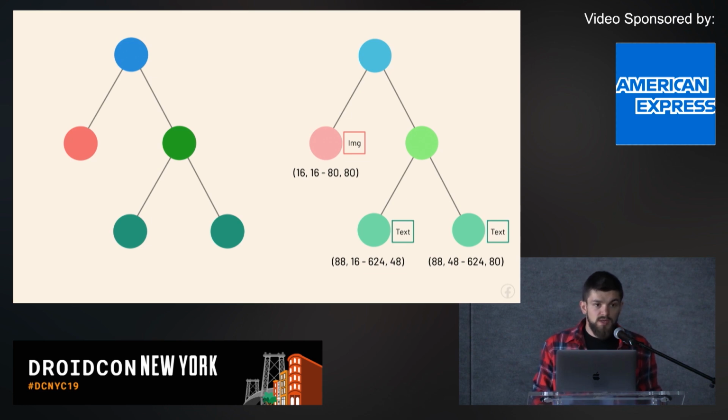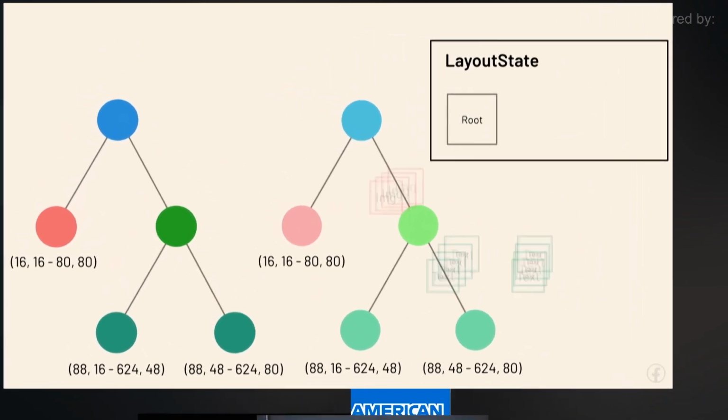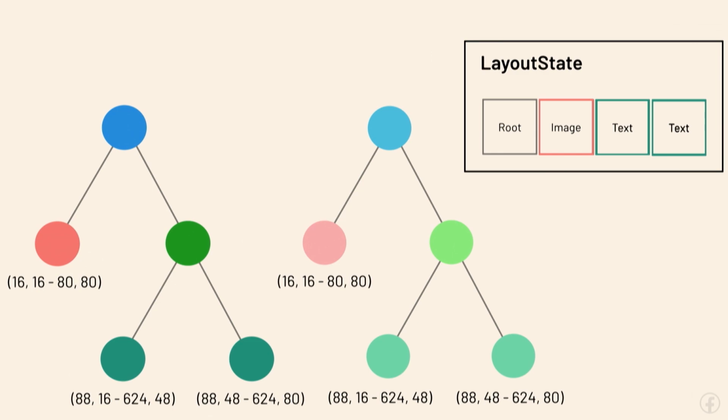And when we create a new internal tree for a new component, we just traverse both of these trees simultaneously and see if our props for mount specs didn't change. We just reuse these measurements and layout outputs without creating new ones. So for example, here you can see that if our leaf nodes didn't change, we just reuse measurements. And when creating layout state, we will just use something that was already handled by the framework before.